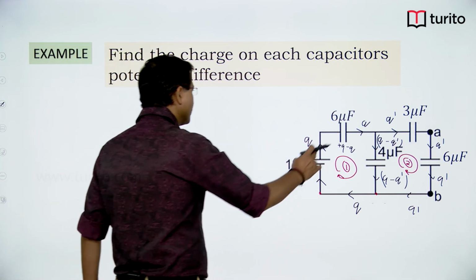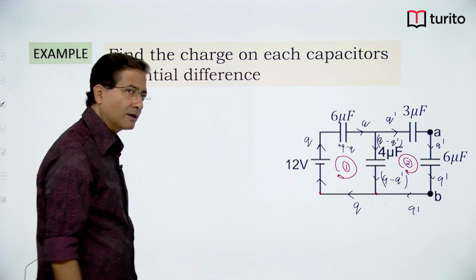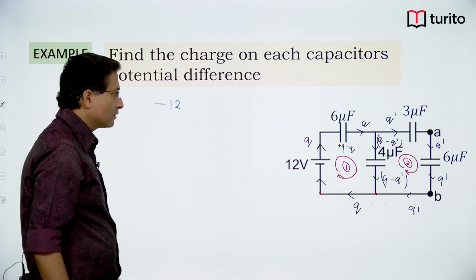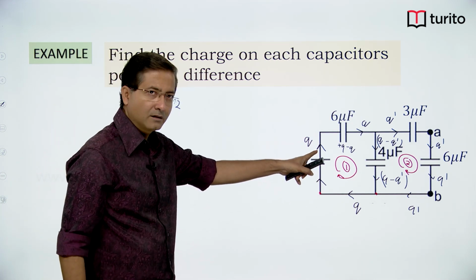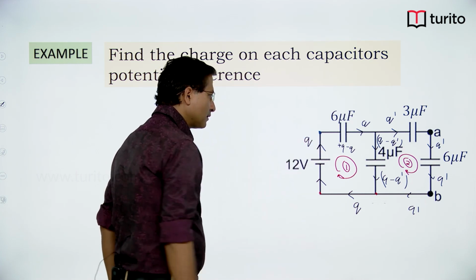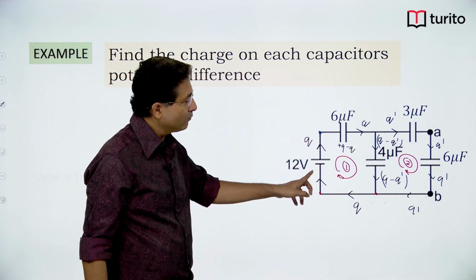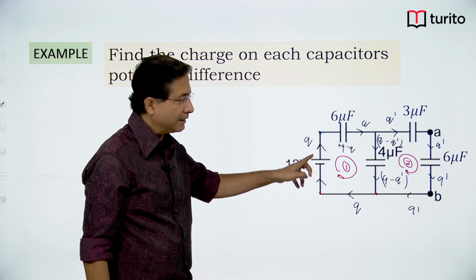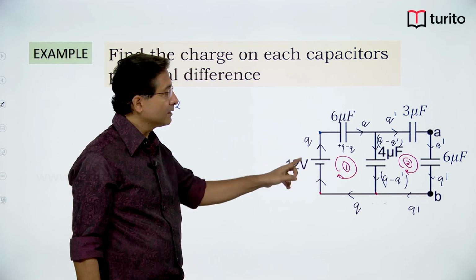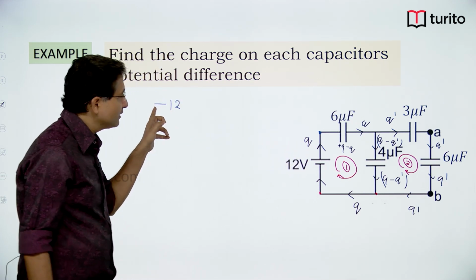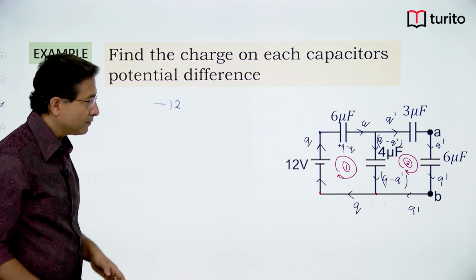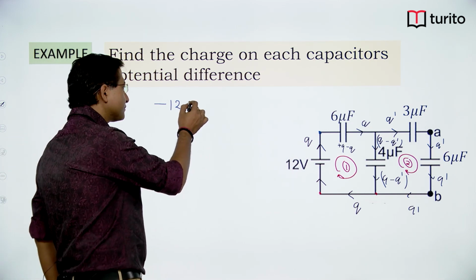So, say we are going by this loop, the first equation I can write is minus 12, an increment. When I go from this to this, I am moving from negative plate to positive plate. As potential is getting increased from negative to positive, it must be taken with a negative sign, that is why I have written minus 12 plus.